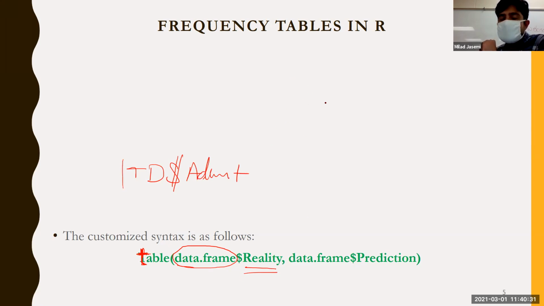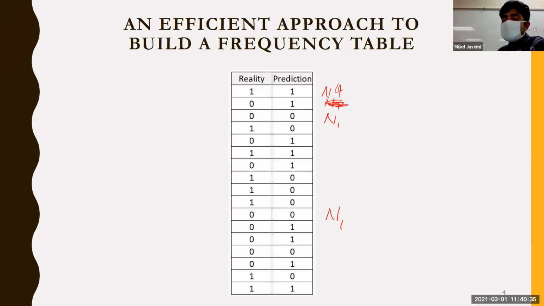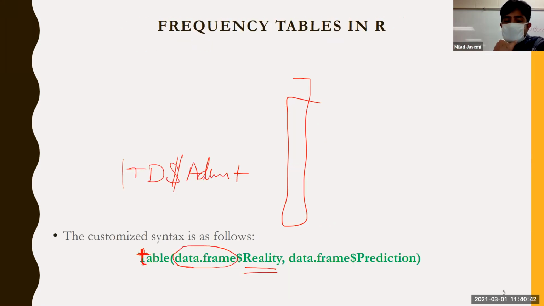In fact, you get that column very easily, because I told you R is designed to be the simplest possible. So the data frame that you have, the training set, and you get the reality column. What is the reality column? It means the real and correct values that you use to train your neural network. And here in our case, it is admit.